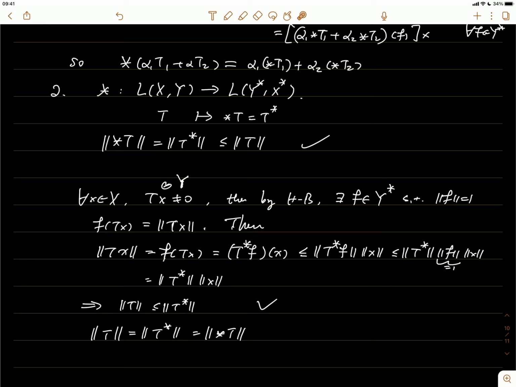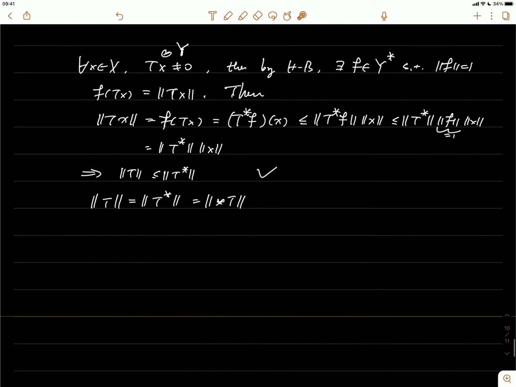Now let's look at this. Since we can do this, we can consider the bidual as we did before, or the adjoint of the adjoint operator. So in this case, let's say the adjoint operator T double star should be interpreted as T star star, the adjoint of the adjoint.